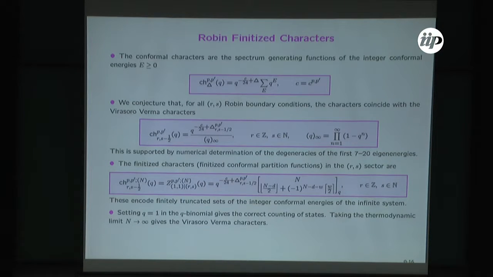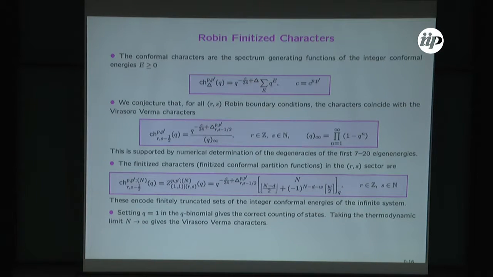Now, coming from the lattice, we can, of course, use numerics to reconstruct the full character, not just the conformal weights. Take this form, where these conformal weights are given by these half-integer values.